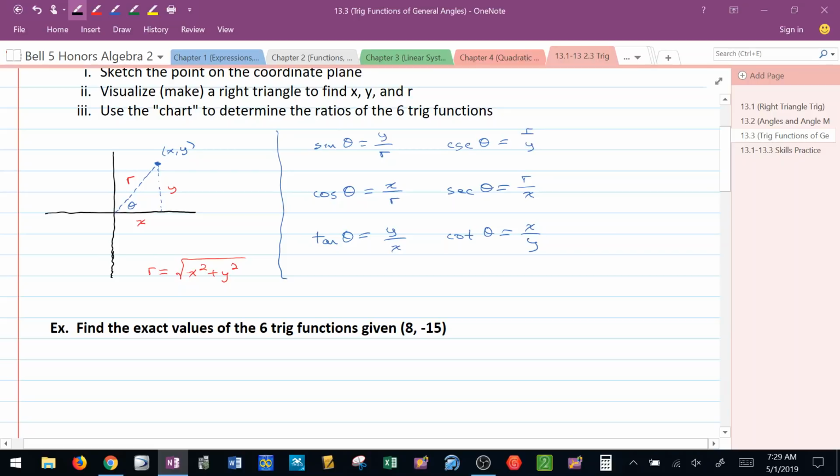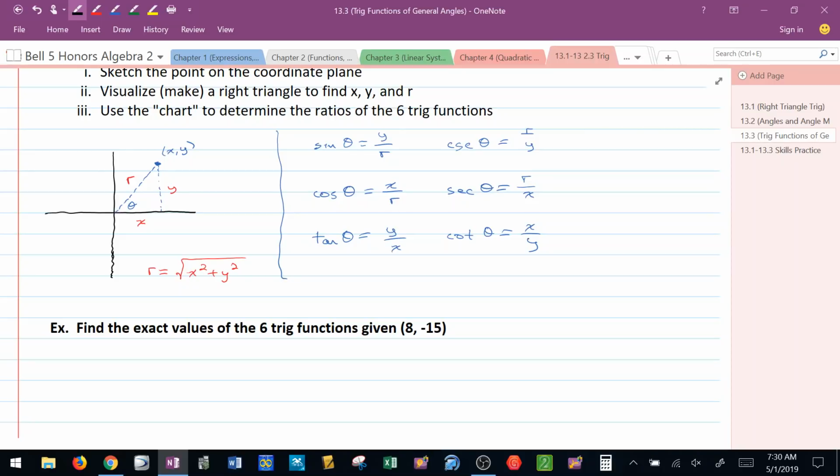Theta is my angle right in there. To get to the point X, Y, I had to travel X to the right and then up Y. In order to find the length of R, I'm going to use the Pythagorean theorem. Once I have X, Y, and R, I can substitute them in to find the 6 different trig functions. Hopefully that makes sense.